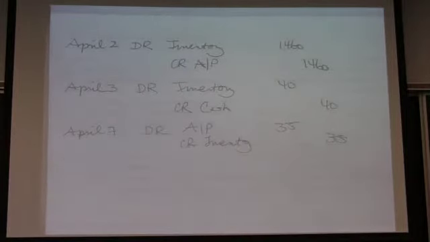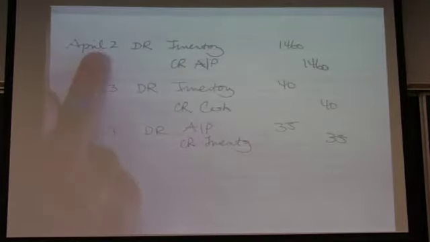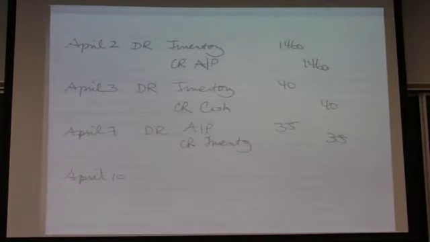Now, on April 10th, it says we paid Roberts in full. Remember, April 10th is only 8 days from the time we bought, which means we qualify for the 2% early payment discount. So let's first calculate the discount.